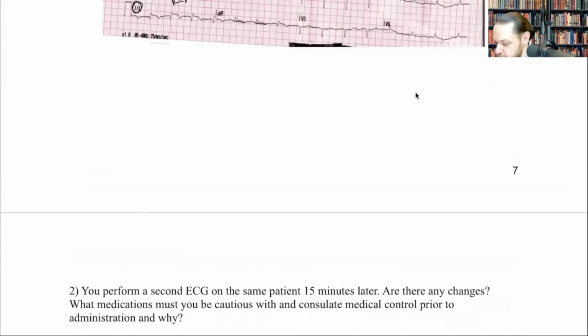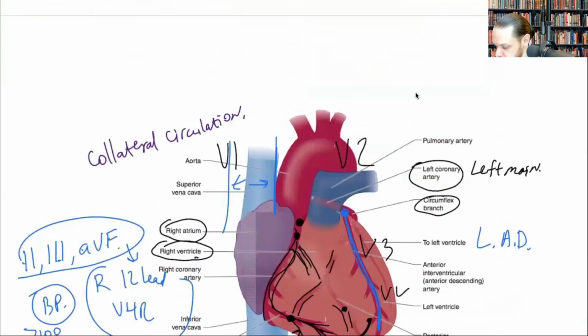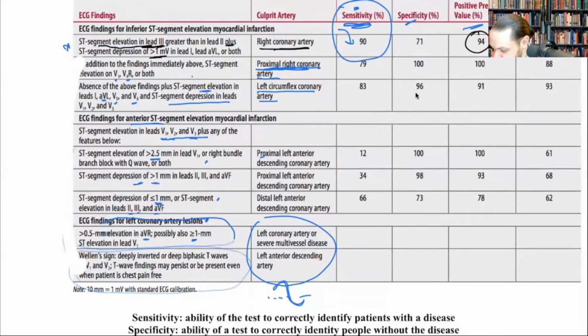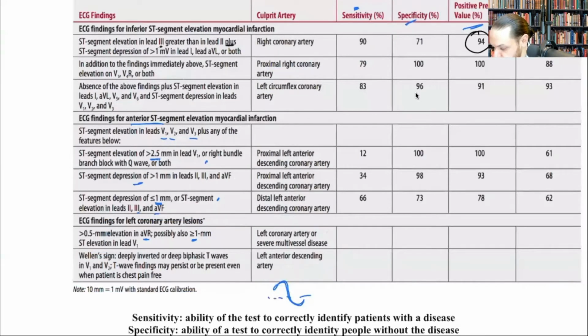So if we go back to our initial chart that we had, let me erase some of this stuff so you guys can see it. So now we have right-sided involvement. Here it says, in addition to the findings immediately above, so elevations in 2, 3, AVF, you have ST segment elevation in V4R or V1 or both.